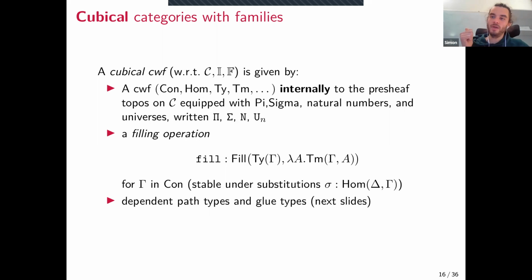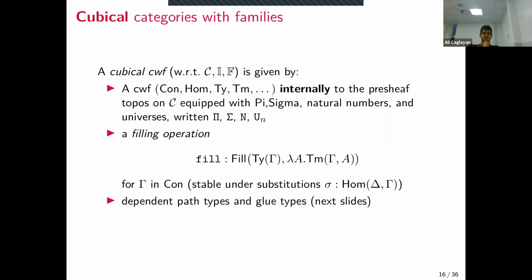And further, I require that the CWF has the structure we want. This is Pi, Sigma, natural numbers, and universes. And I will write this structure using this typewriter font.